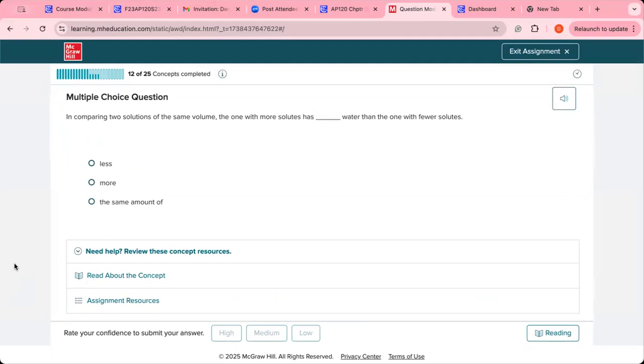I'm not sure, but I would say if it has more solutes, it has more stuff in it.